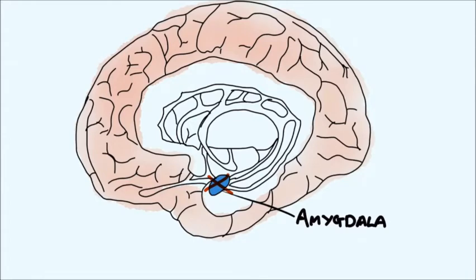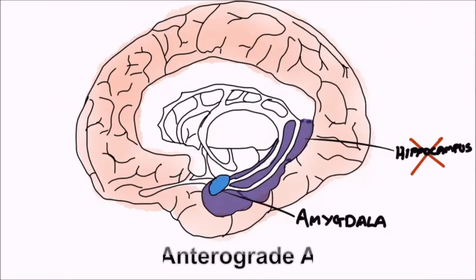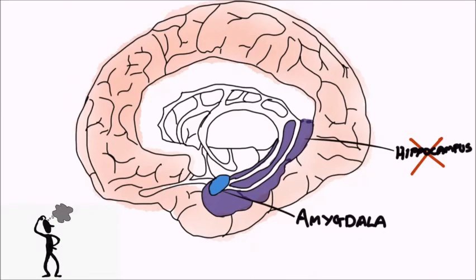Now the amygdala is in close proximity to the hippocampus, which here we have coloured in purple. The hippocampus plays a key role in forming and storing new memories, in particular consolidating short-term memories to long-term memories. If we were to damage our hippocampi, we would develop a condition called anterior grade amnesia, which is the inability to form new memories, although older memories such as those from childhood would still be safe.